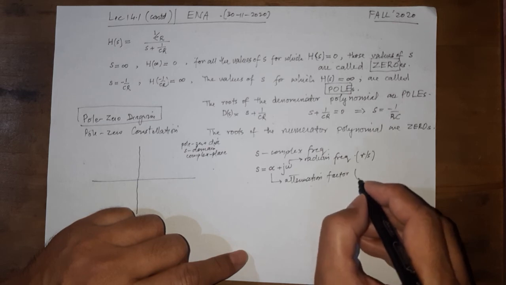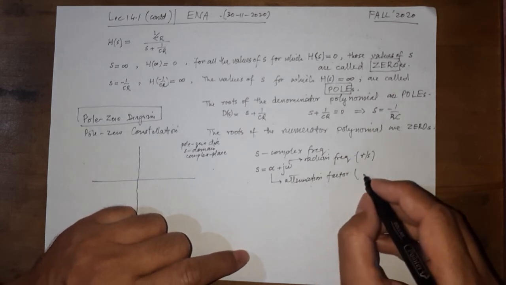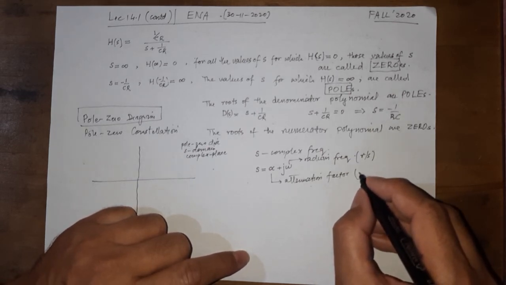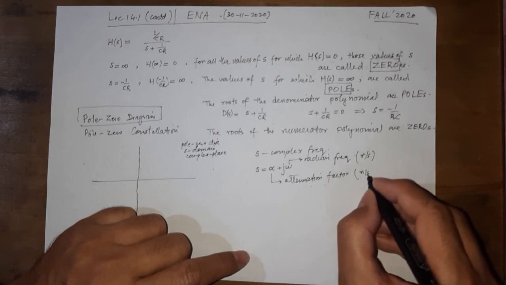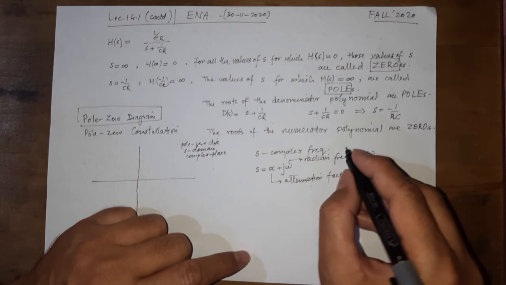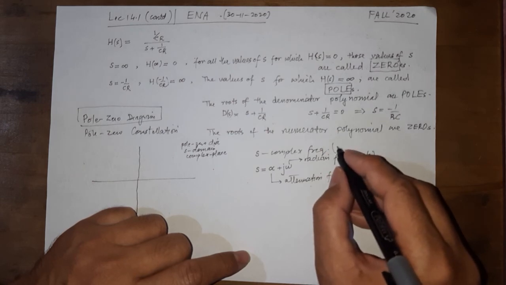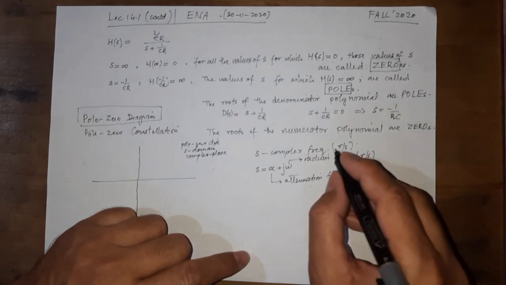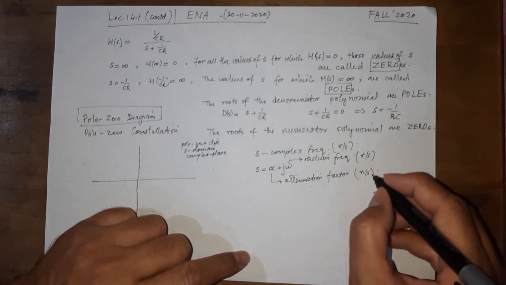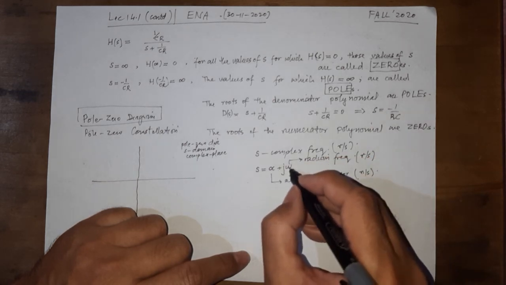The attenuation factor has units in Nepers per second, and the complex frequency has units in complex radians per second. Let us say it is in radian per second as well. So basically all of these three quantities have units in per second.